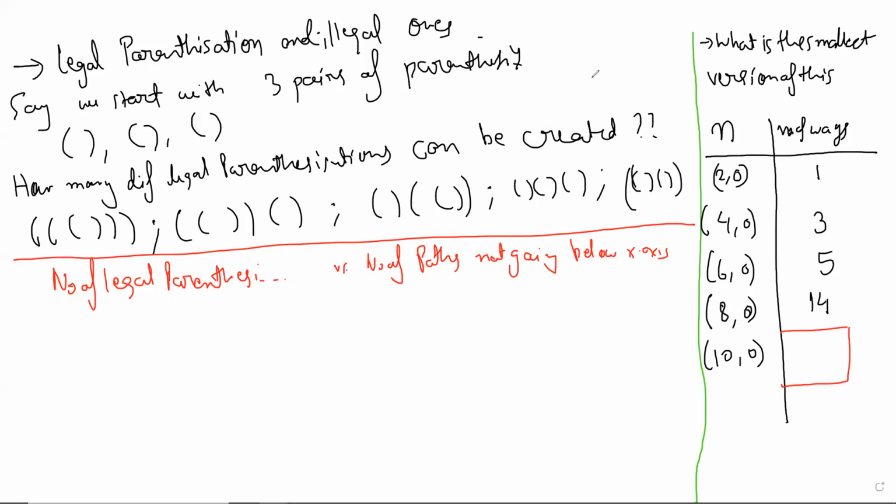So let's come back to the number of paths because that's a more familiar thing. If we want the paths to not go below the x-axis, what does it mean? Suppose there are 3 northeast and 3 southeast. Not going below the x-axis basically means that at any stage, the number of northeast moves is at least as much as the number of southeast moves.